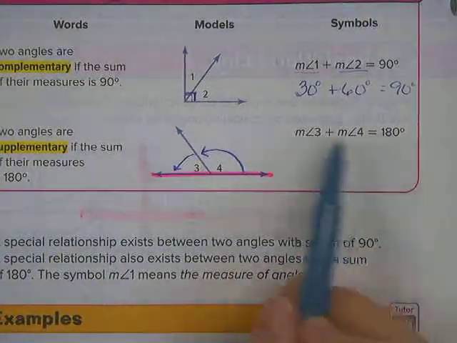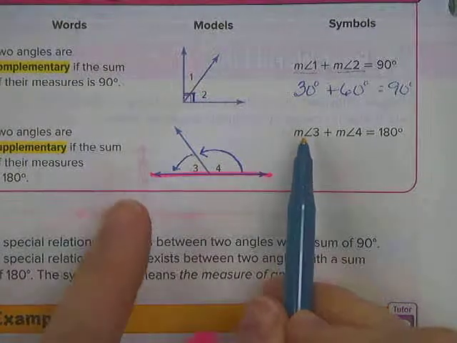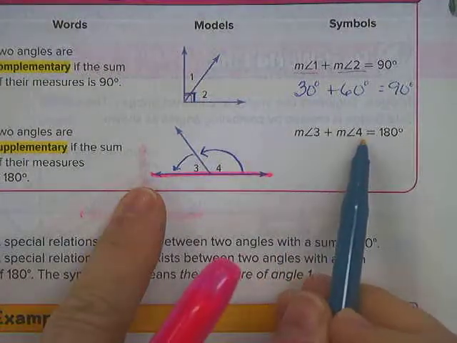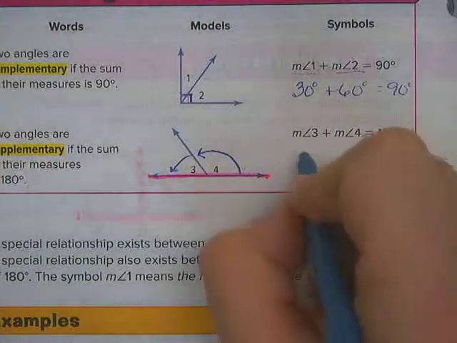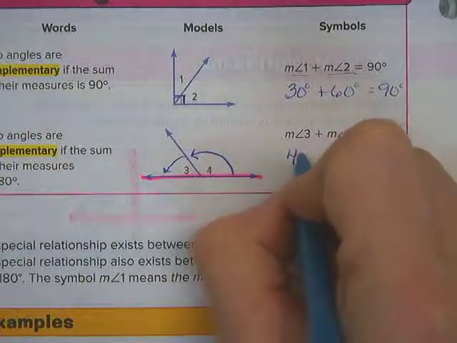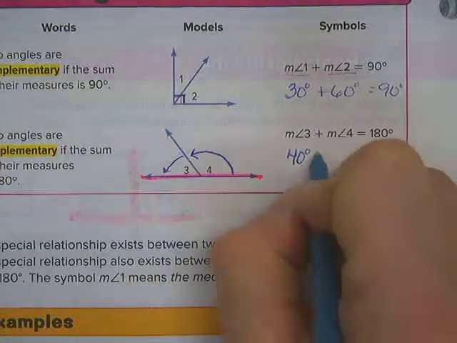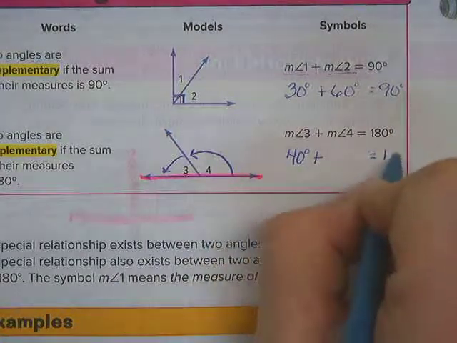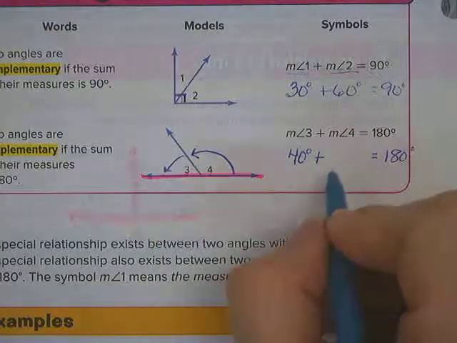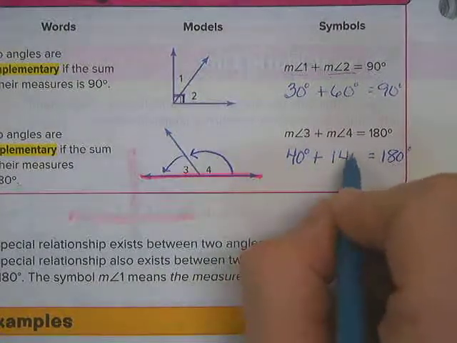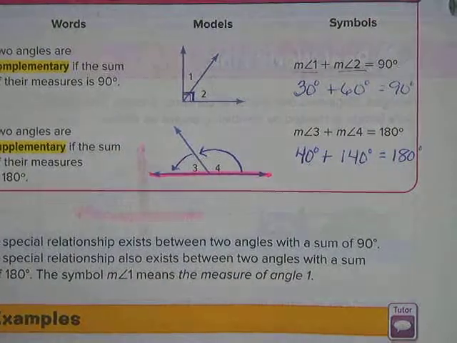And we know that a straight line is 180 degrees, so we would say the measure of angle 3 plus the measure of angle 4 is 180 degrees. So again, let's put in some possible values here. So if angle 3 is 40 degrees, what would angle 4 have to be to make 180? Yep, 140 degrees.